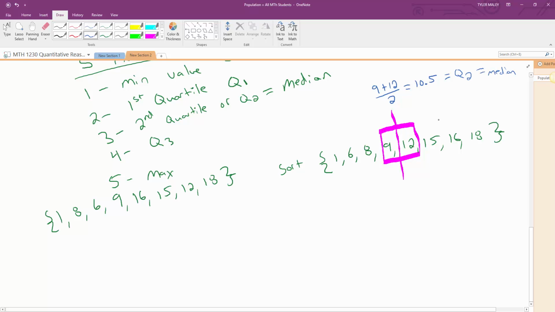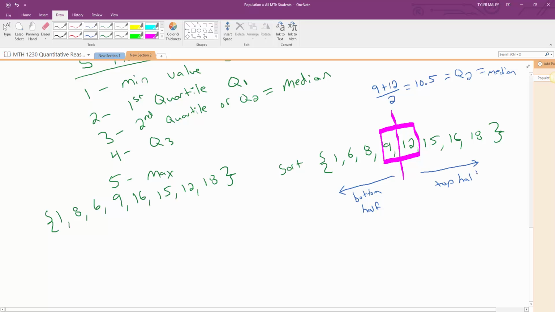And then to find Q1, what we're going to do is find the median of our bottom half. We already separated the data. The data this way is the bottom half, and the data this way would be the top half.